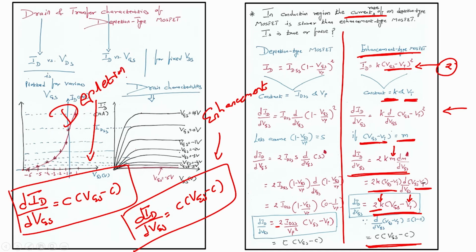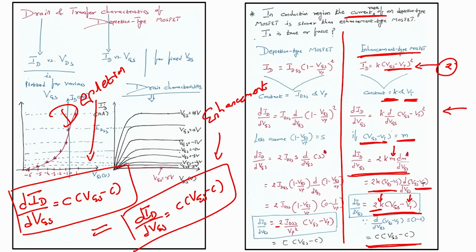So, what I find is that in the conduction region, the current rate of change of a depletion type MOSFET is equal to that of the enhancement type MOSFET. It is not slower, not faster, but equal to the rate of change of current in the enhancement type MOSFET.